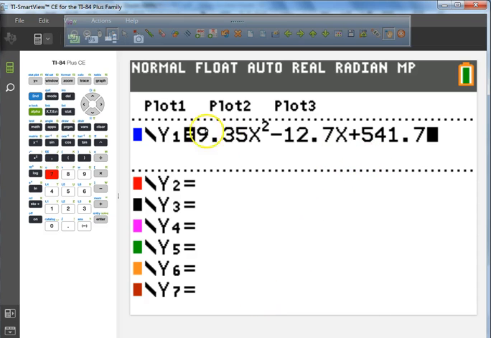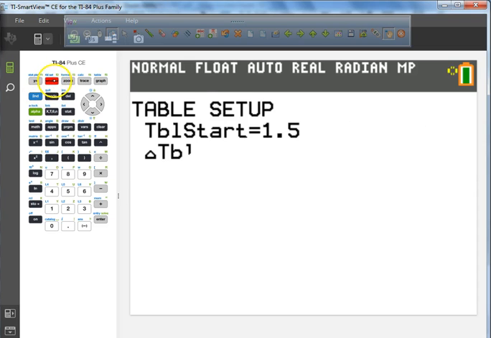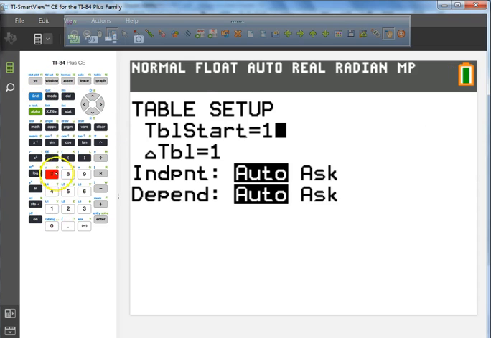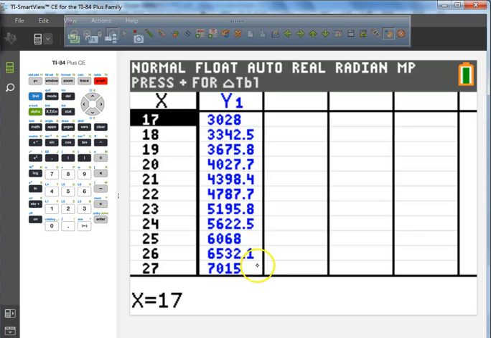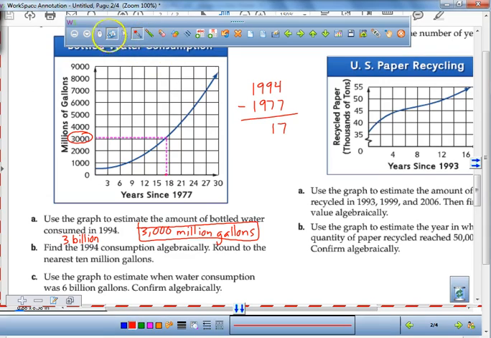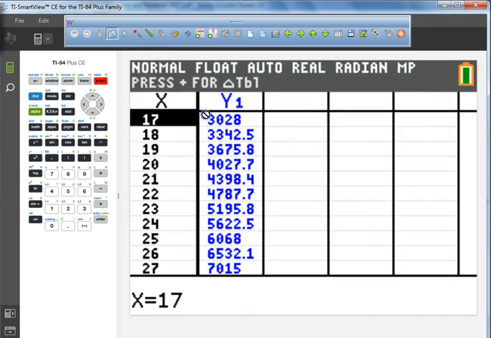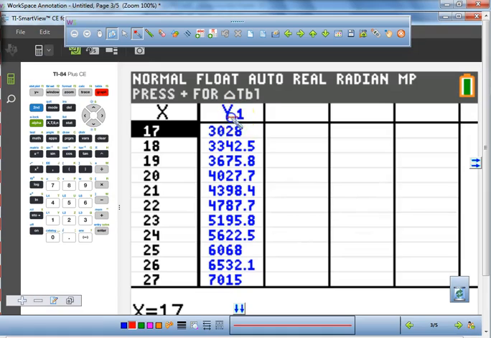And what we're going to do is we are going to evaluate where it is at 17. So in its second window, I'm just going to start the table at 17. Check the table at 17. And at 17, it looks like my number is 3,028.